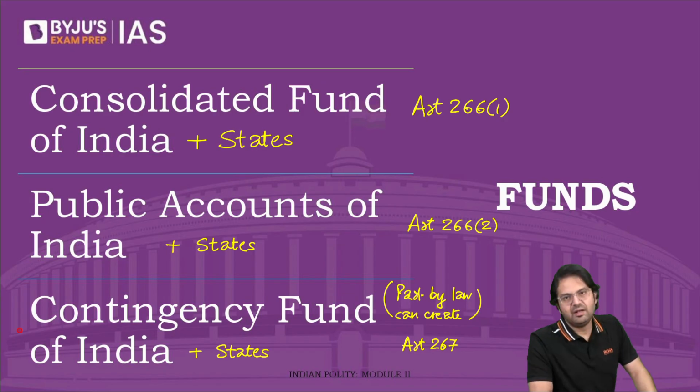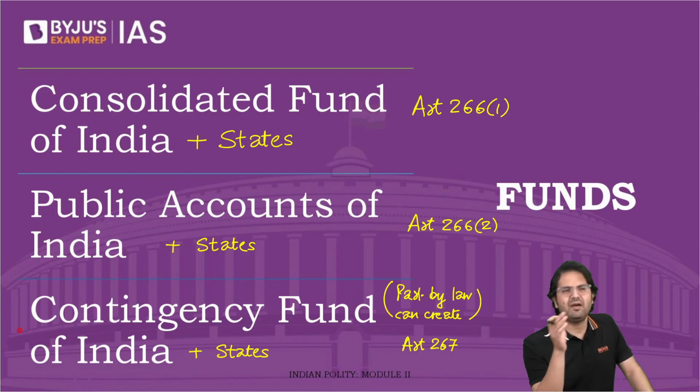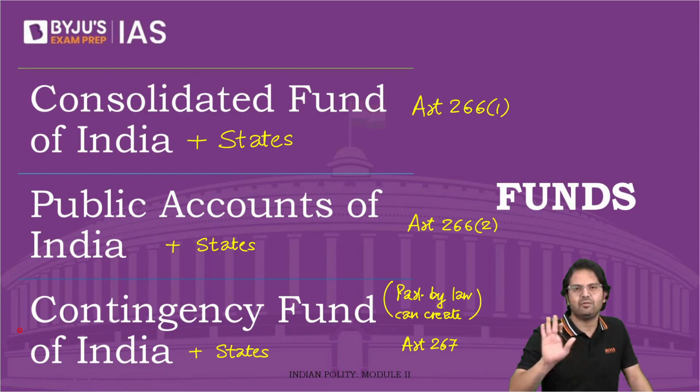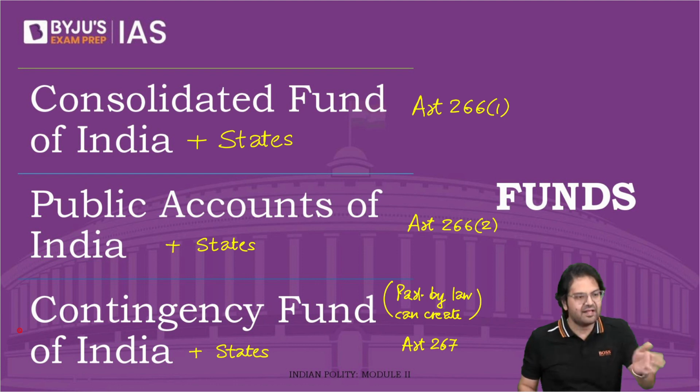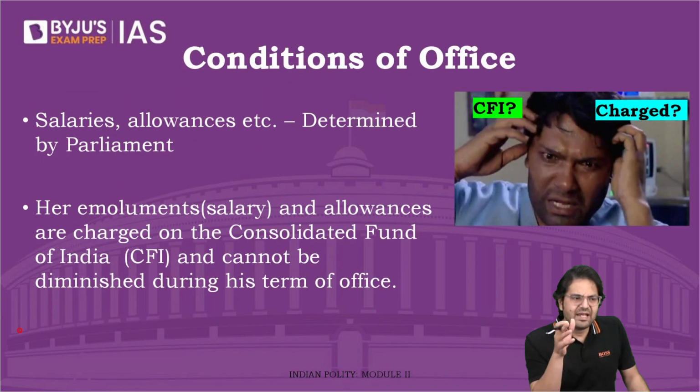Anyway, the point here is your salary as an IAS officer, IPS officer, president's salary, VP's salary, judges' salary, every person's salary comes from this CFI only. Yes, sir, IFS salary also comes from here. But sometimes some types of expenditure cannot be voted upon.